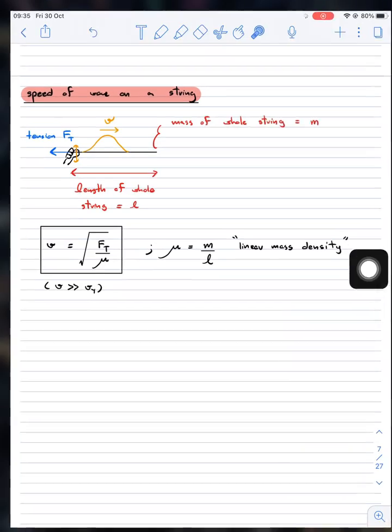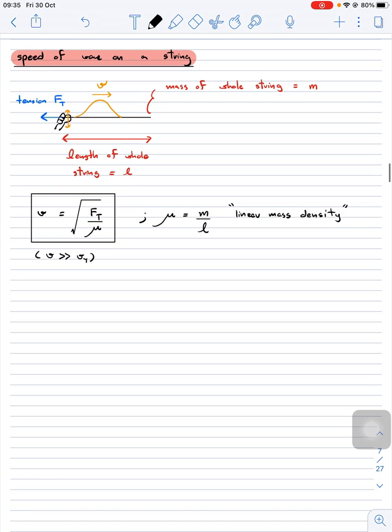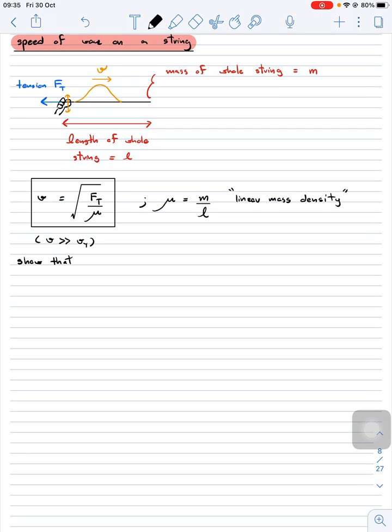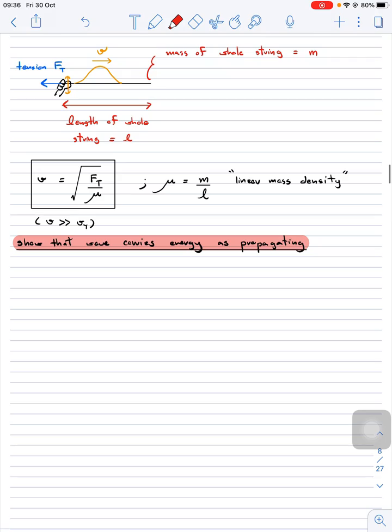Okay, so now we just want to show this. We just want to show that the wave will carry the energy as it propagates.